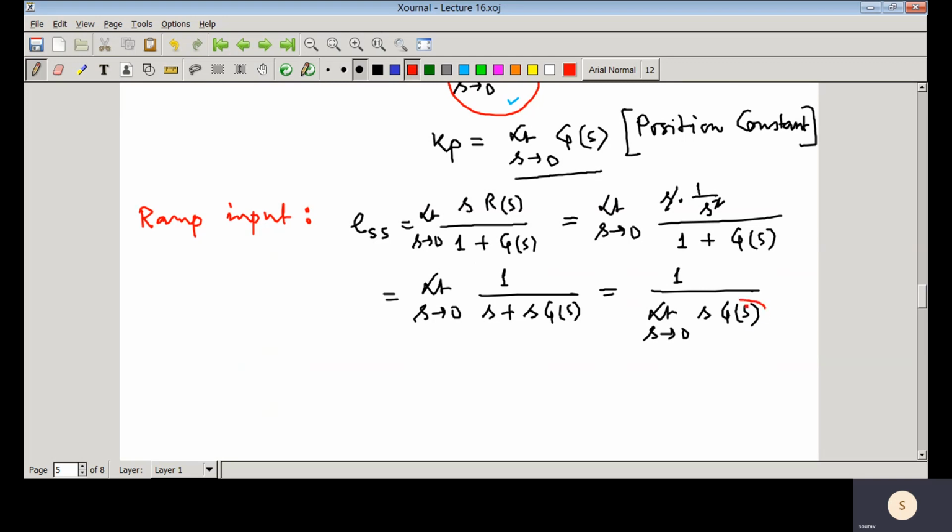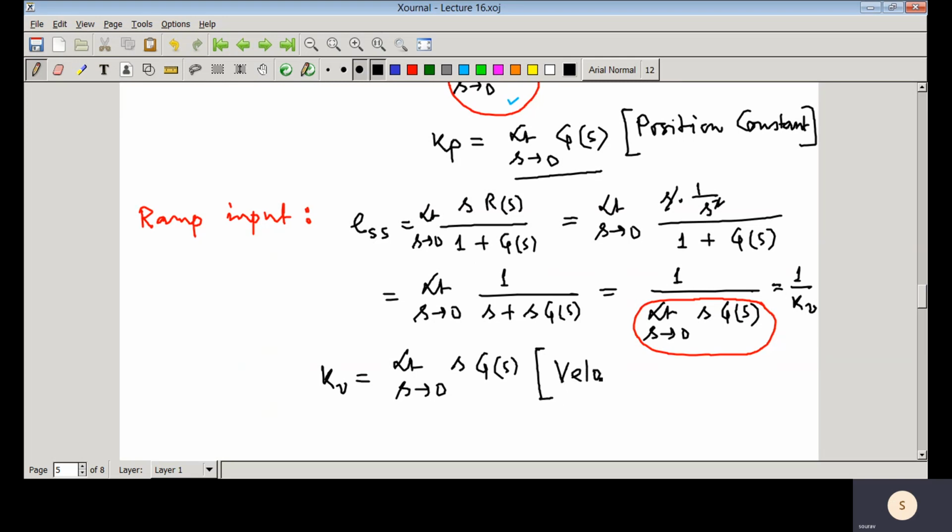So like the step input, we define this particular term as Kv. So then it would be equal to 1 by Kv, and this Kv is defined as limit s tends to 0 sG(s), and it has one name, that is called velocity constant.